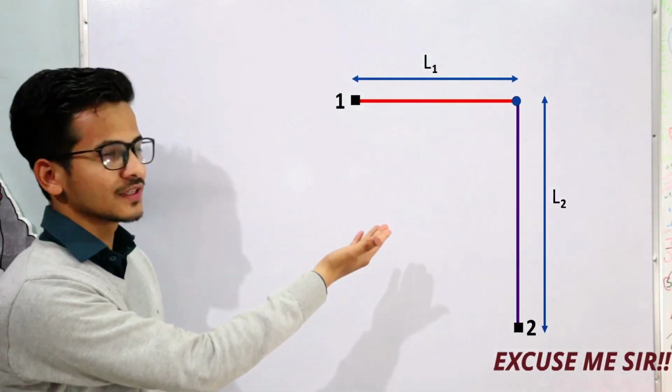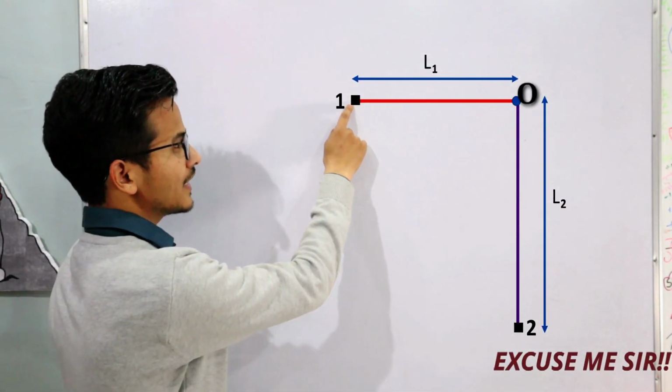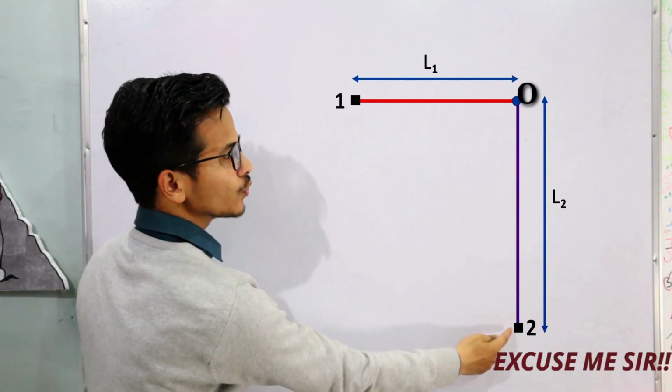So in this question we have to find out the minimum distance between the two particles which are moving toward the intersection point along a straight line. The situation is like this. This is particle number 1 and this is particle number 2.